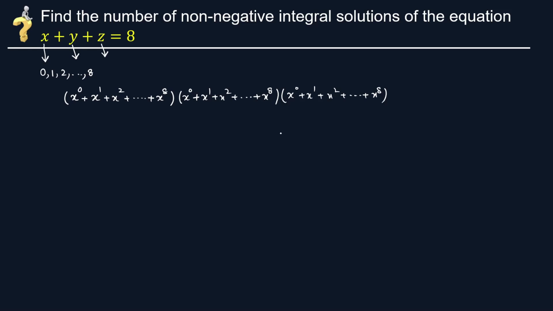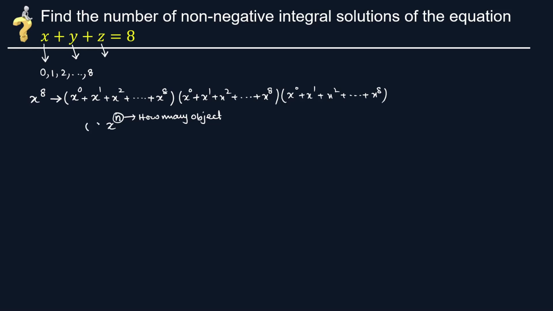Now we have to find out the coefficient of x to the power 8 in this expansion. That's exactly what the multinomial theorem states. Now, what did I teach you? I taught you that whenever there is x to the power something, this something represents how many objects that particular person is receiving.